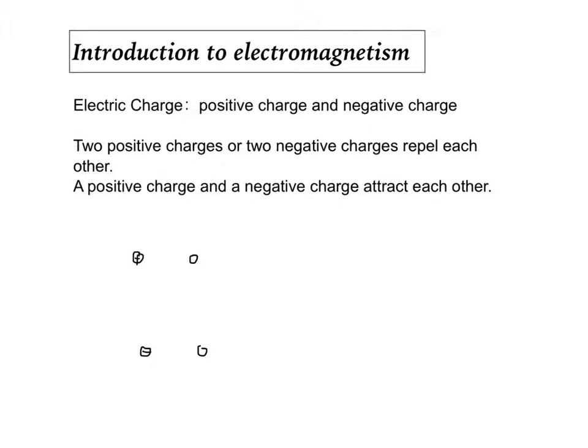There are three choices for you: one is they repel each other, second is they attract each other, and the third choice is nothing happens. So, what do you think? The answer is that in both situations, the charged objects attract the neutral objects.